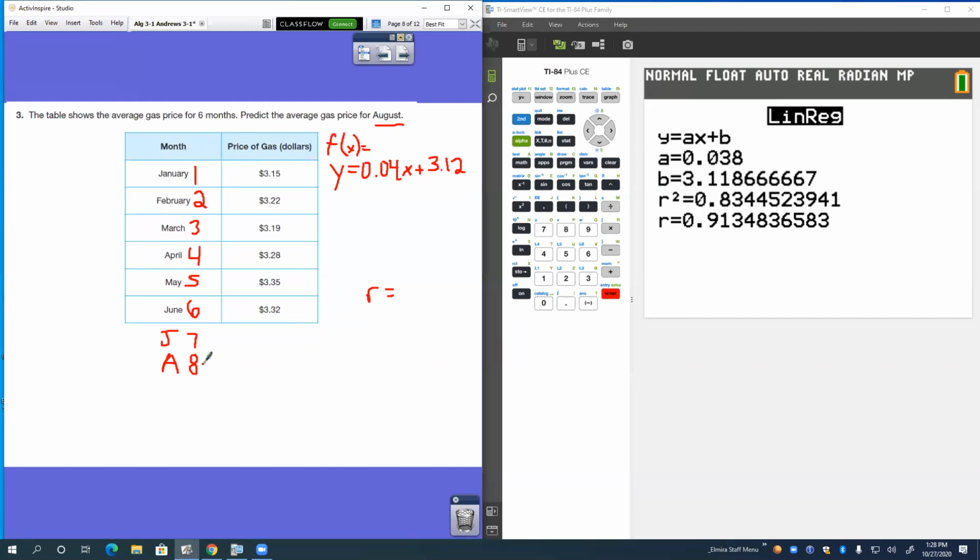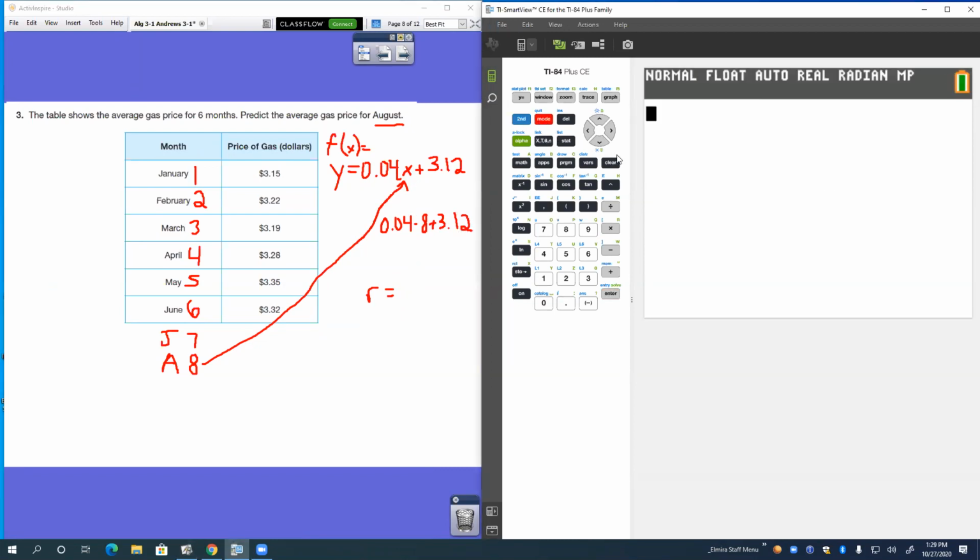So that's our linear regression equation. We now need to make a prediction for August. So we want to take that 8 and sub it into there. So we're going to have 0.04 times 8 plus 3.12. And again, I could just go to second and then quit and type this right into the calculator like a normal equation.